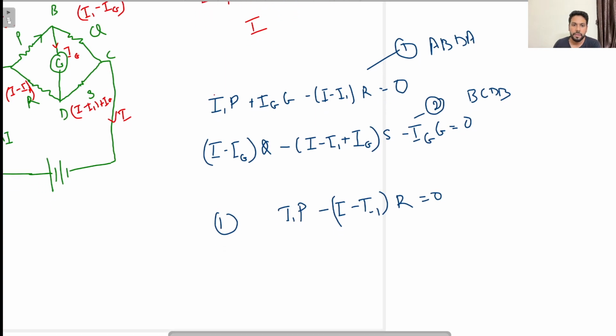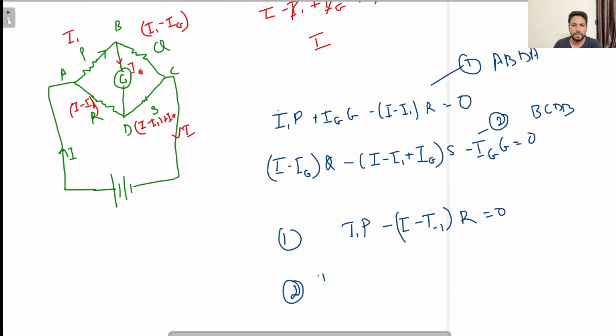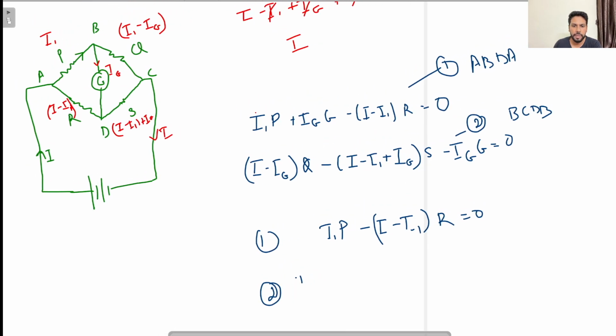Then what happens to the second equation? When Ig is 0, it's going to be I1 into Q minus (I minus I1) into S equals 0.